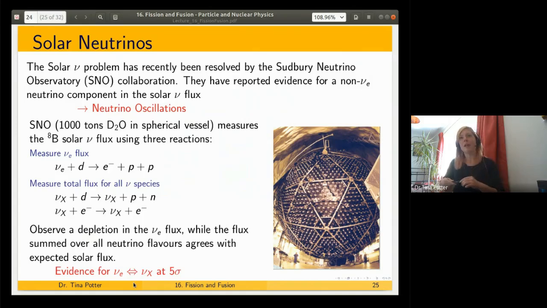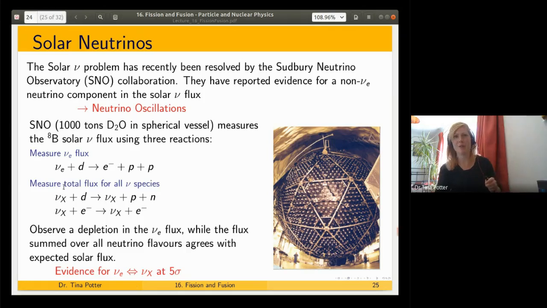That's the Sudbury Neutrino Observatory. They reported that in the neutrinos coming from the sun, there was a significant non-electron neutrino component. They weren't just electron neutrinos. This is telling us that they were originally created with electron flavor, and they oscillated into muon or tau flavors.